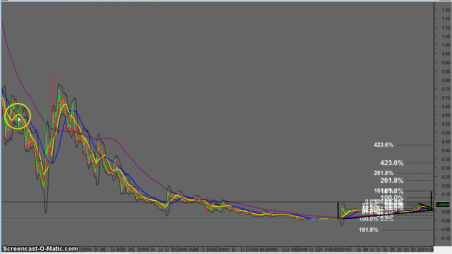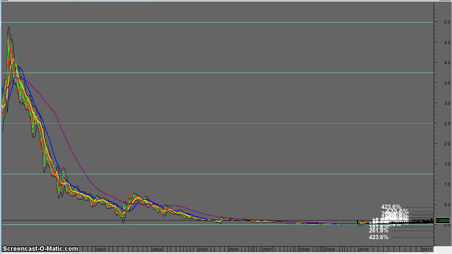The overall chart of the stock, it is far from its highs. And the other thing that this stock has done too, it's done a lot of time. And when stocks do a lot of time like this, they can do the next factor, which is a lot of price, and they can do them very quickly.